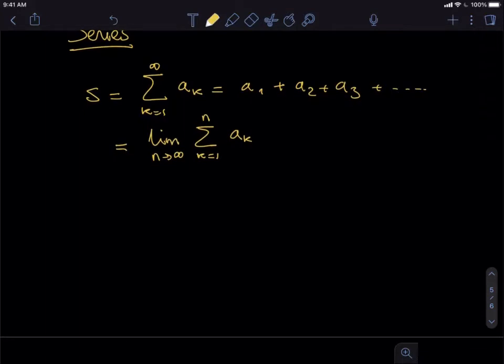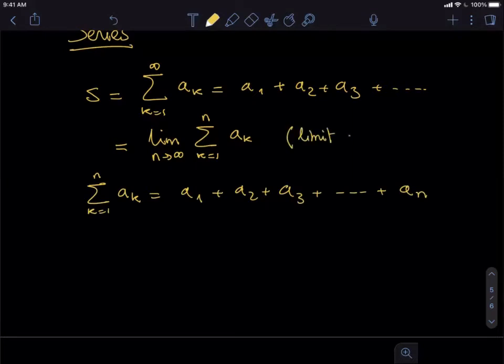Here the sum from 1 to n is a finite sum. It's like writing a1 plus a2 plus a3 and so on all the way to an. So we are going to be computing the partial sums and then taking the limit of those partial sums. Okay.